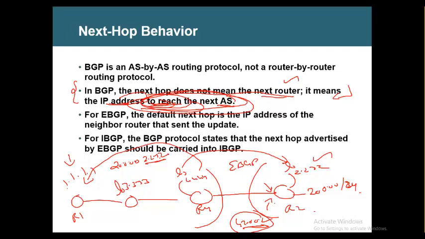Now let's move on to the third paragraph. For eBGP, the default next hop is the IP address of the neighbor router that sends the update. So how do we send the update? We are sourcing with loopback 0 if we are using eBGP multi-hop. I'm just trying to continue from yesterday's scenario.